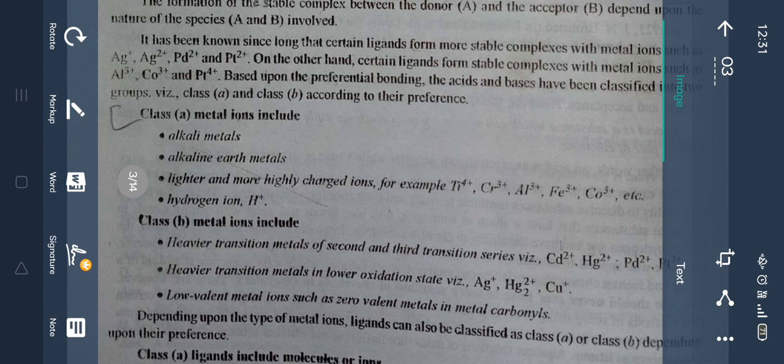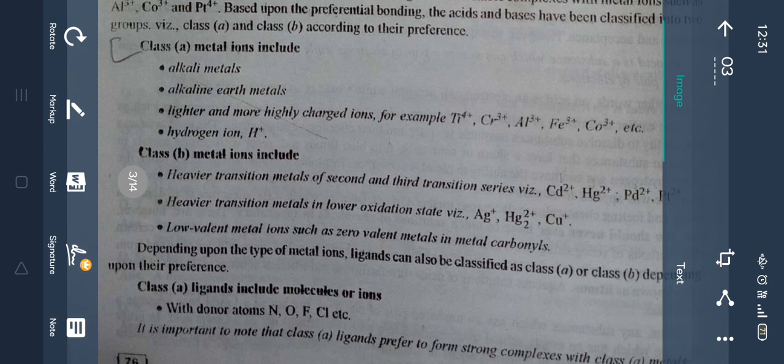Class B metal ions involve higher transition metals of the second and third transition series, Cd2+, Hg2+, Pd2+, Pt2+. Higher transition metals in lower oxidation state, Ag+, Hg2 2+, Cu+. Low valent metal ions such as zero valent metal in metal carbonyls.